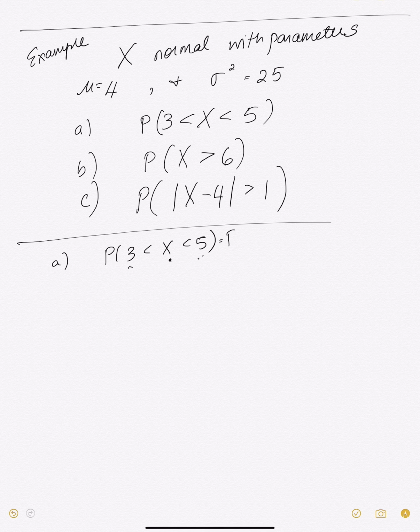So let's subtract the mean first, and then divide by sigma, which is the square root of 25.